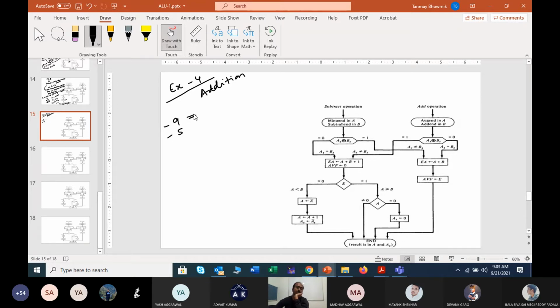Okay, so what will be stored in AS? It is 1. What should be stored in BS? It is also 1. Okay, then the point is, what should be your A? It is 1 0 0 1. And what should be your B? It is 0 1 0 1.